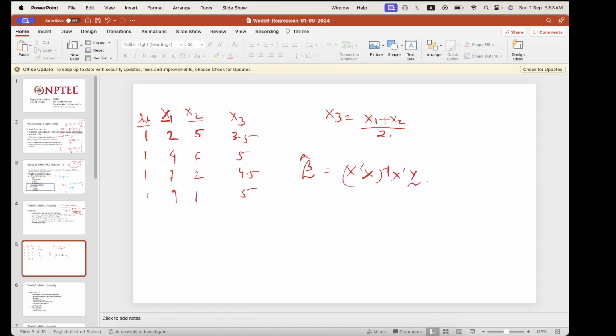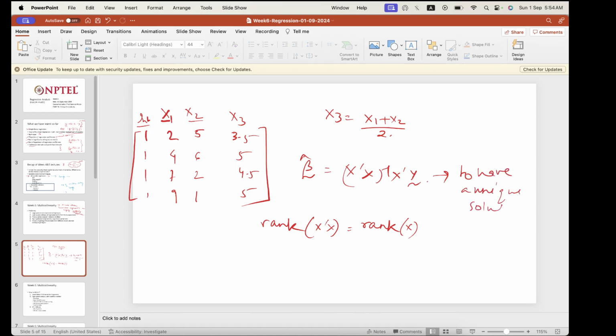Since this is my X matrix, rank of X prime X will also be equal to rank of X. And for this to have a unique solution, rank of X should be equal to p, where p is the number of unknown parameters.